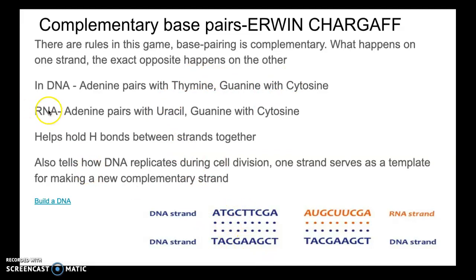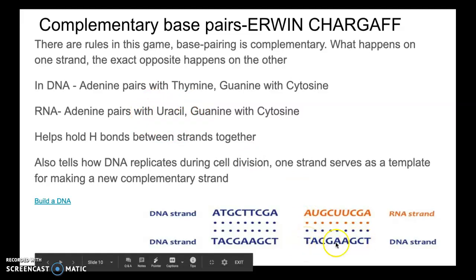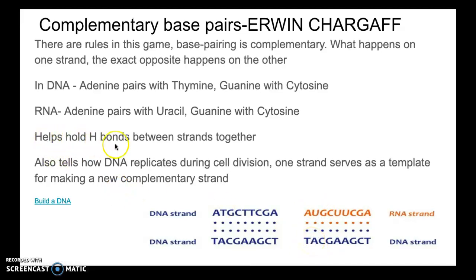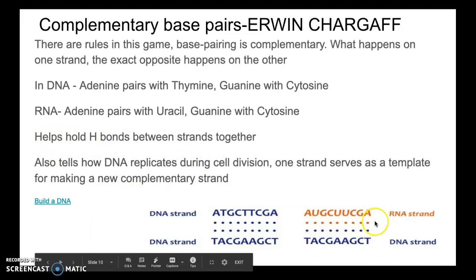In RNA, RNA is single-stranded, but adenine is going to pair with uracil. So look at RNA. Here's adenine, which should pair with thymine because this is a DNA strand. But this is an RNA strand, so you'd find instead of a T, a U, and a U should always go with A. Now this helps hold the bond between the RNA strand and the DNA strand, or the bonds between a DNA strand and the second DNA strand, the leading or the lagging.